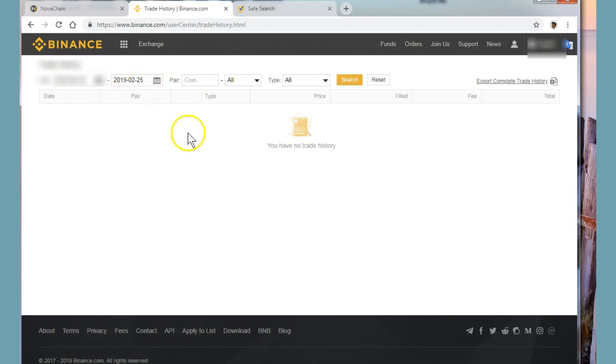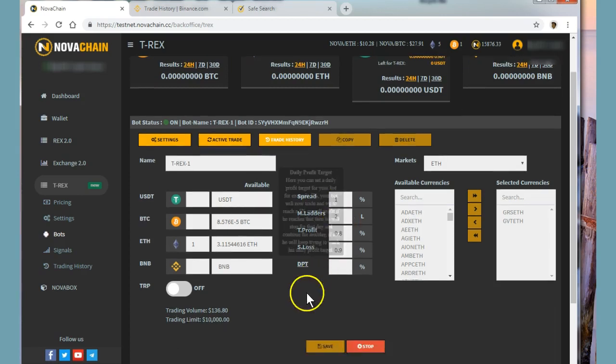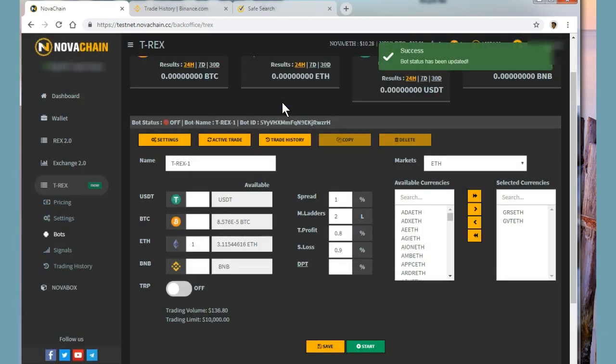So that tells me that I did something wrong. I guess that's pretty obvious. So I'm going to tweak a couple of the settings. First thing I'm going to do is stop the bot. Success, bot status has been updated.